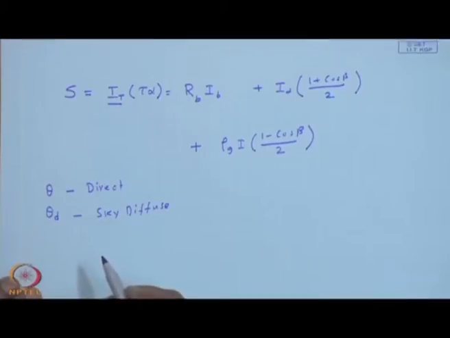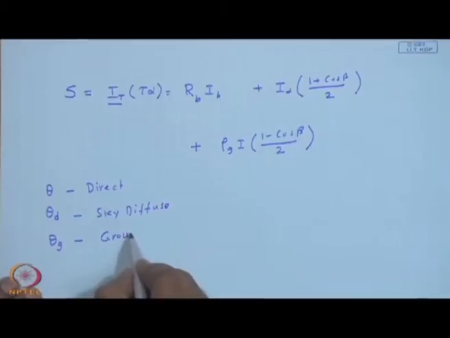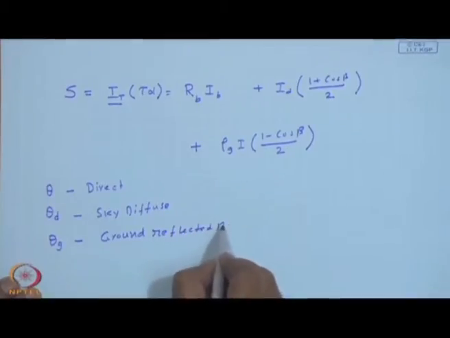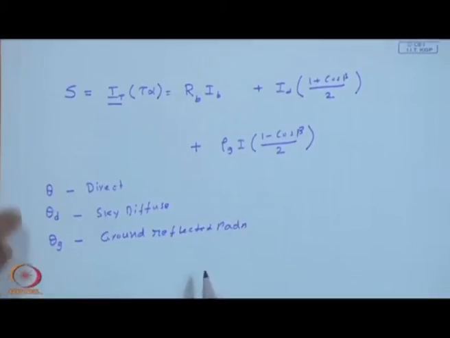Okay. Now, for the ground reflected radiation, similarly this is also diffuse radiation. This will be effectively striking the surface at an angle of incidence of theta_g. We have no idea of what is theta_d and what is theta_g, but for a given hour, day, location and orientation of the collector, we can calculate the angle of incidence at which the direct radiation strikes.